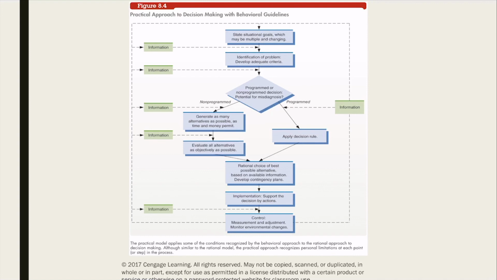Now, the last slide that we have today, again, we see the same old requirement, information, whether it's programmed or non-programmed. You're really looking at a practical approach, which means look at the situation, identify the problem, whether it's programmed or non-programmed, evaluate alternatives, choose the best alternative, implement it, and then measure.